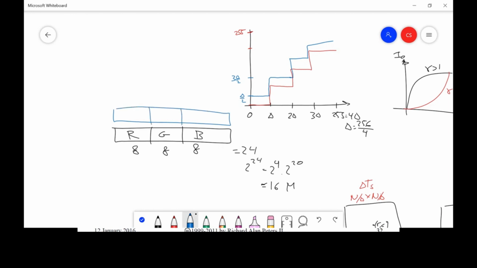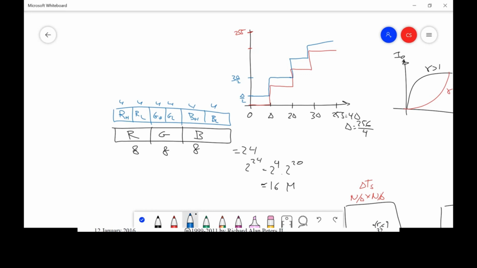I have the first half byte, let's call it more appropriately R high and R low. And then I have green high and green low, and then blue high and blue low. They are 4 bits each: the 4 highest bits and the 4 lowest bits.